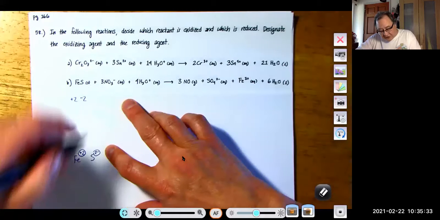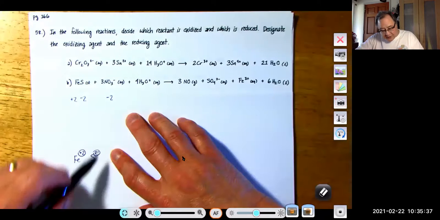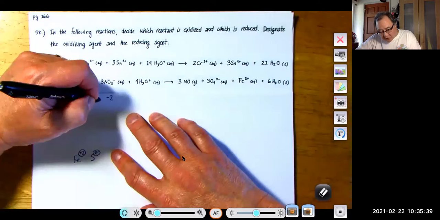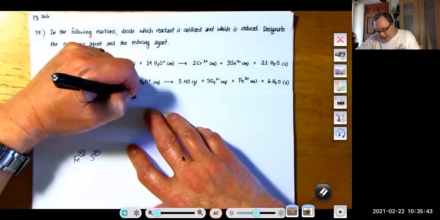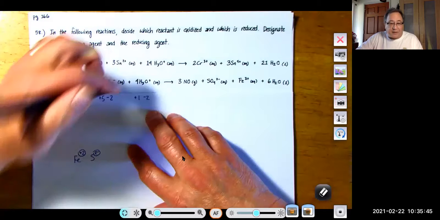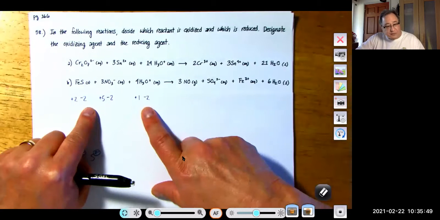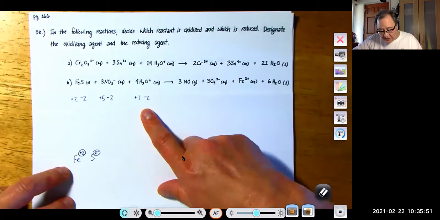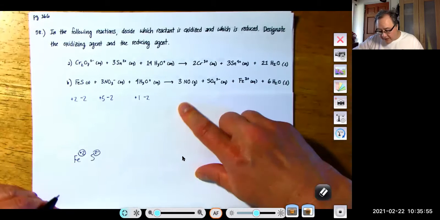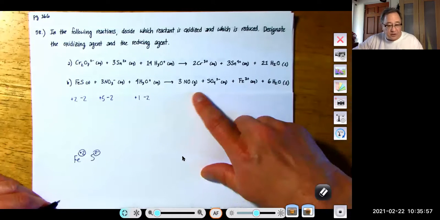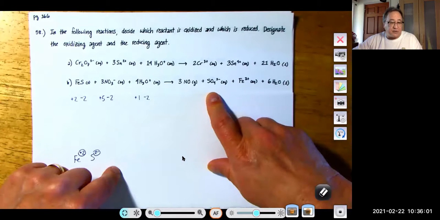I know oxygens are -2. And so this nitrogen has to be a +5 for this to work out to be a -1. And here I've got a +1 and a -2. And you can see I've given up on the each. Don't put the totals down here, just put the oxidation number on the particular atom. What's nice about these compounds is if you find the oxidation number for one atom of an element, it's the oxidation number for the other ones also.